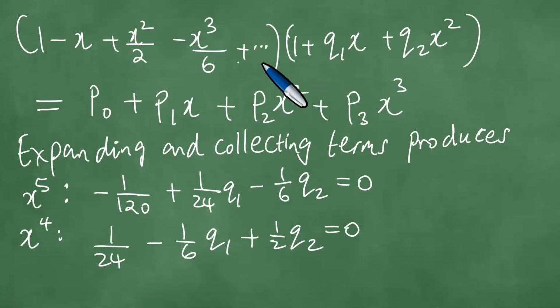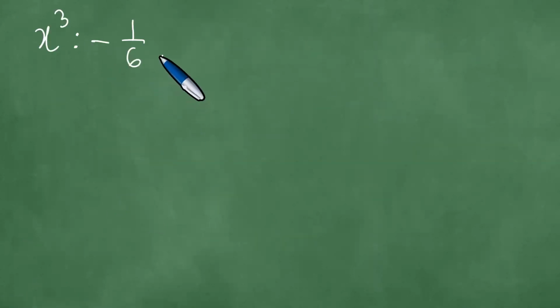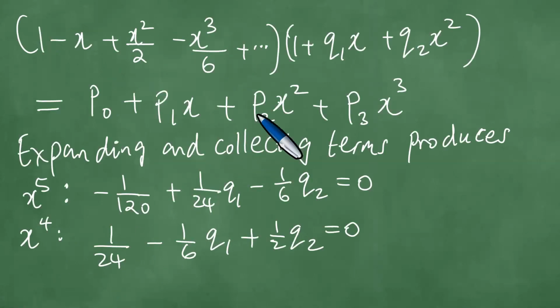Okay, that's going to give us an x cubed, but also x cubed is going to rise when you multiply Q1 with the x squared over 2. So there's going to be plus Q1 out of 2. Then there's going to be another cube that's going to rise from the multiplication of this square with the minus x, which is going to be an x cubed.